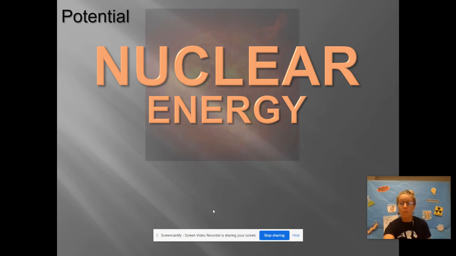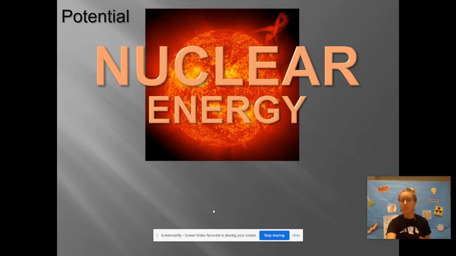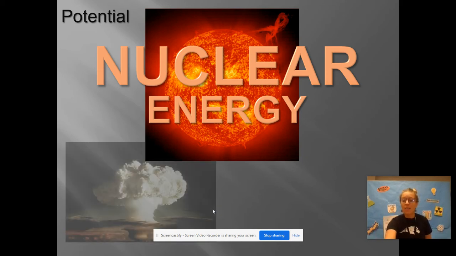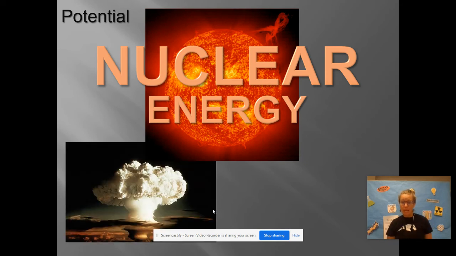Where would you see nuclear reactions happening? One place is the sun, and other stars have nuclear reactions happening. The other place we would see it is in nuclear bombs. Nuclear bombs contain nuclear reactions, and that's why they're so disastrous. They release a ton of energy really quickly.